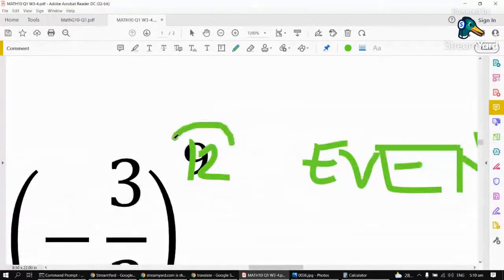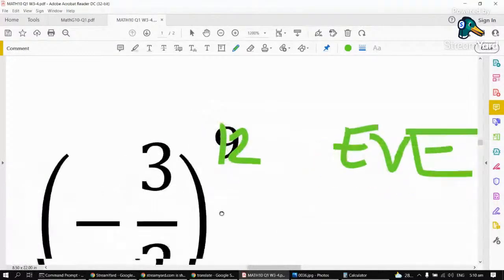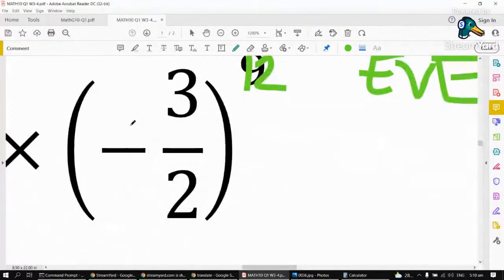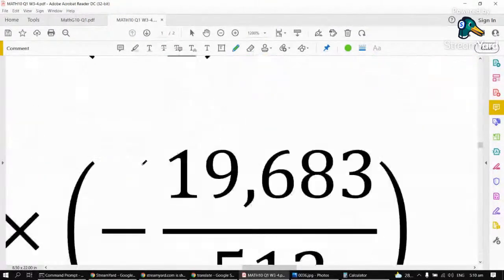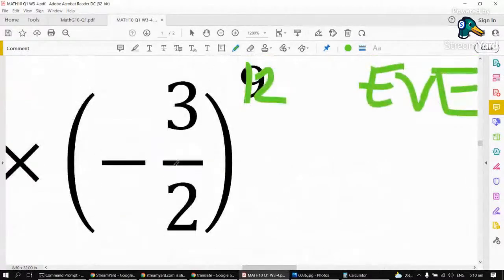Kapag ang exponent is even number, and 'yung base is negative, ang magiging sagot niyan ay positive. At kung ito ay positive, ang sagot ay positive din.